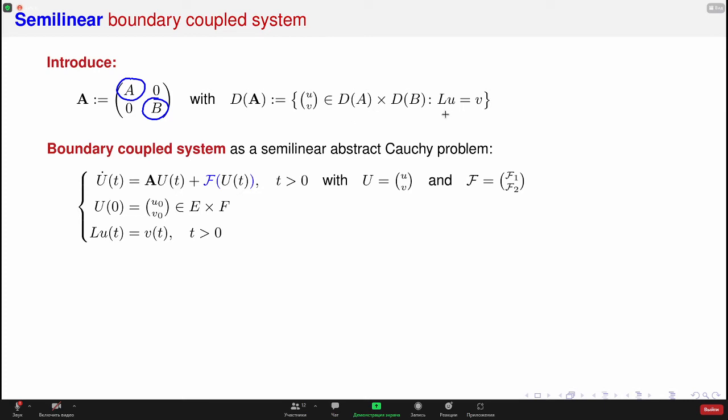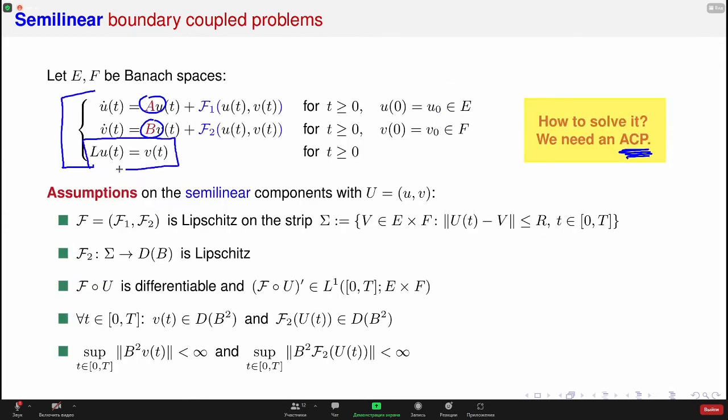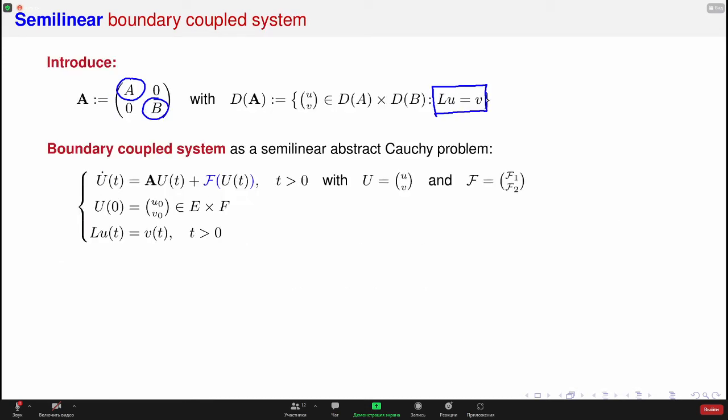This means that here we have the coupling in the domain of this boldface A. So this coupling is there inside the domain. So this is like a boundary condition when we are talking about partial differential equations, how we rewrite them into abstract Cauchy problems. Then our boundary coupled system looks like a semilinear abstract Cauchy problem in this way.